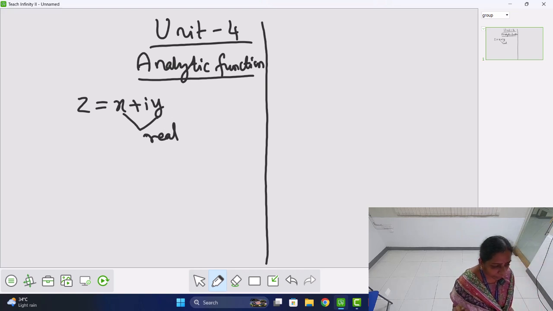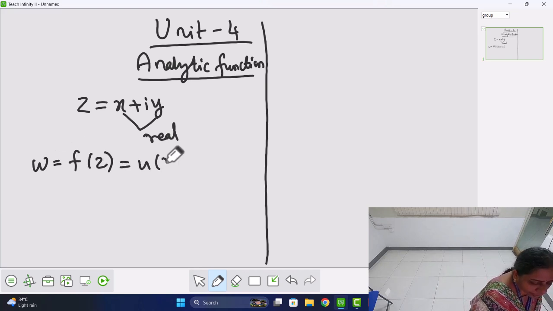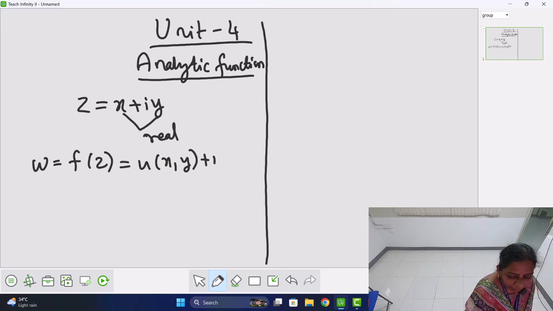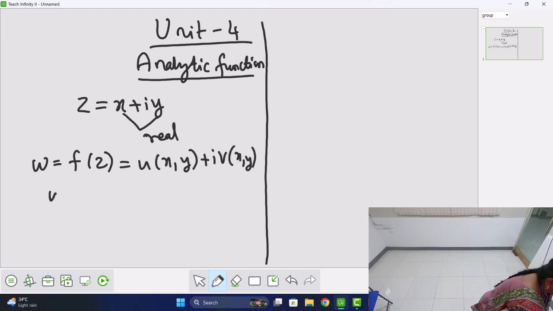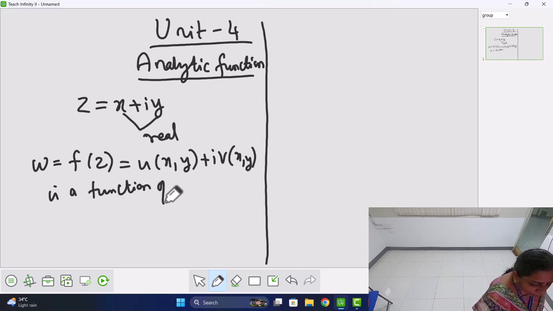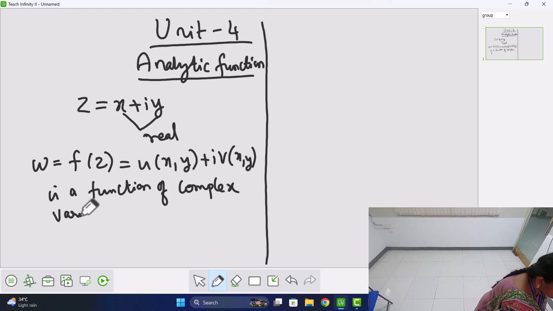Secondly, you must know w is equal to f of z, which is equal to u of x comma y plus i into v of x comma y. It is a function of the complex variable z equal to x plus iy.